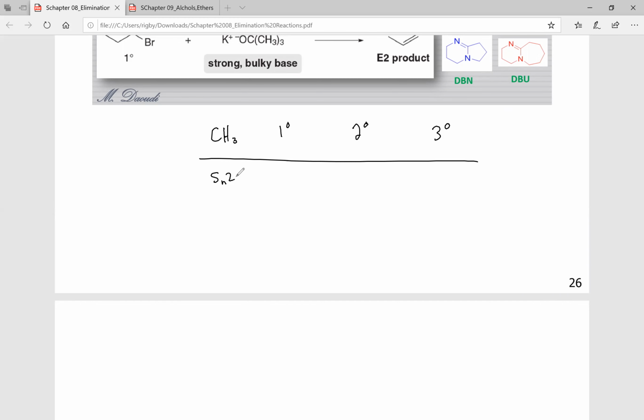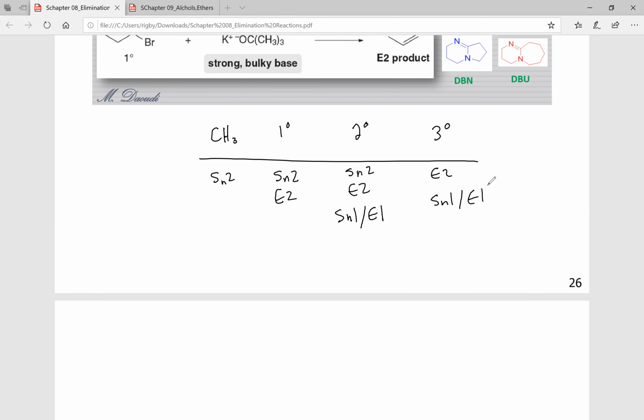On the other hand, primary alkyl halides will both do SN2 and E2. Secondary, it will do all of the above, SN2, E2. And again, I'm putting SN1 and E1 together because they will both occur at the same time. And then for tertiary, we're either going to have E2 or SN1 and E1.